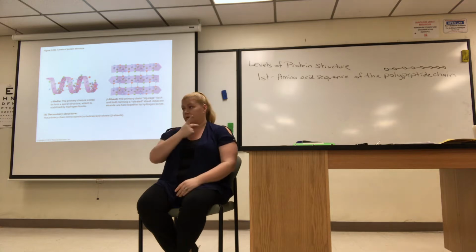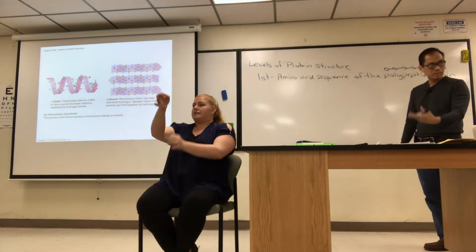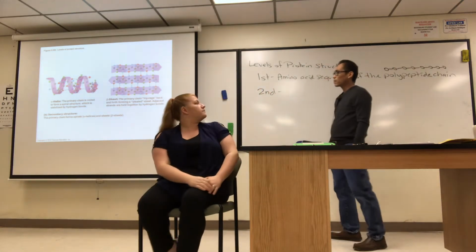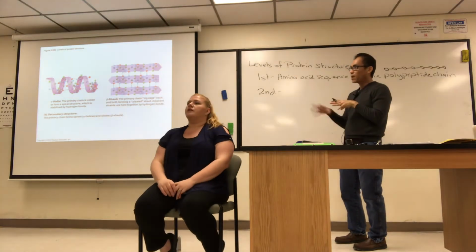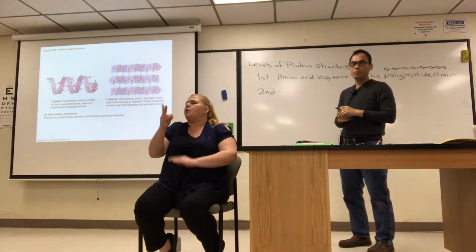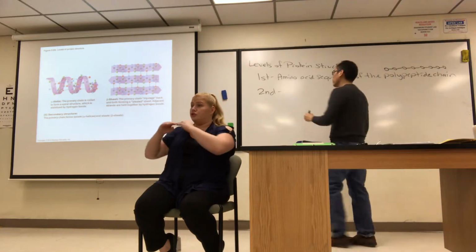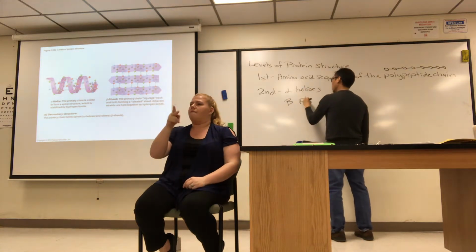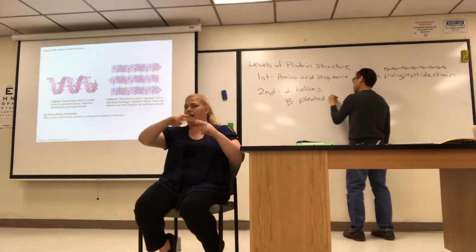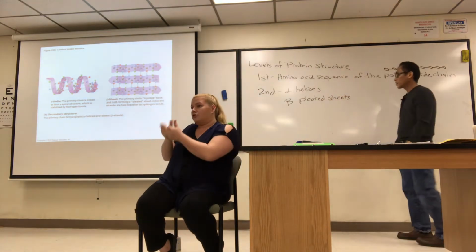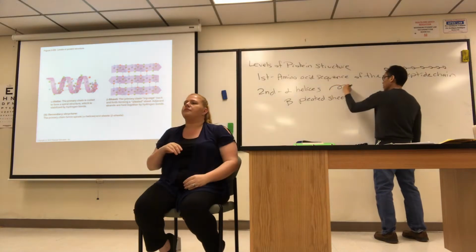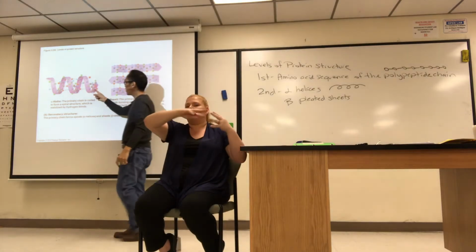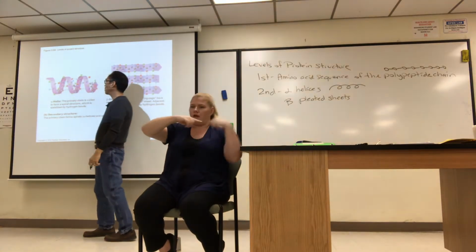So the second level is the simplest structures of the folding. The amino acids will start to fold in either 2 basic shapes, alpha helices or beta pleated sheets. That's the name of it. The helices fold in a helix, and there's weak bonding between the amino acids in this structure to maintain it.